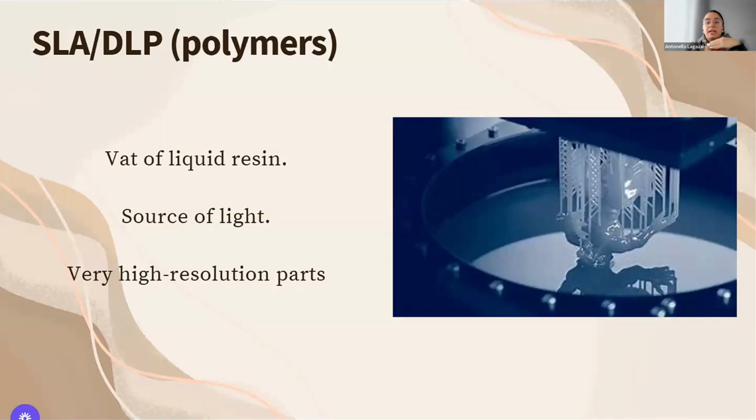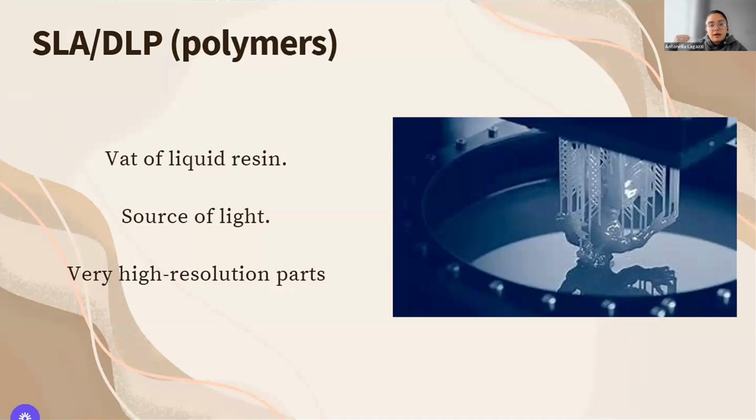This light is a laser in the technology named SLA, or a digital light projector in DLP. This technology creates very high resolution parts with a smooth surface. This is a quality of this technology.